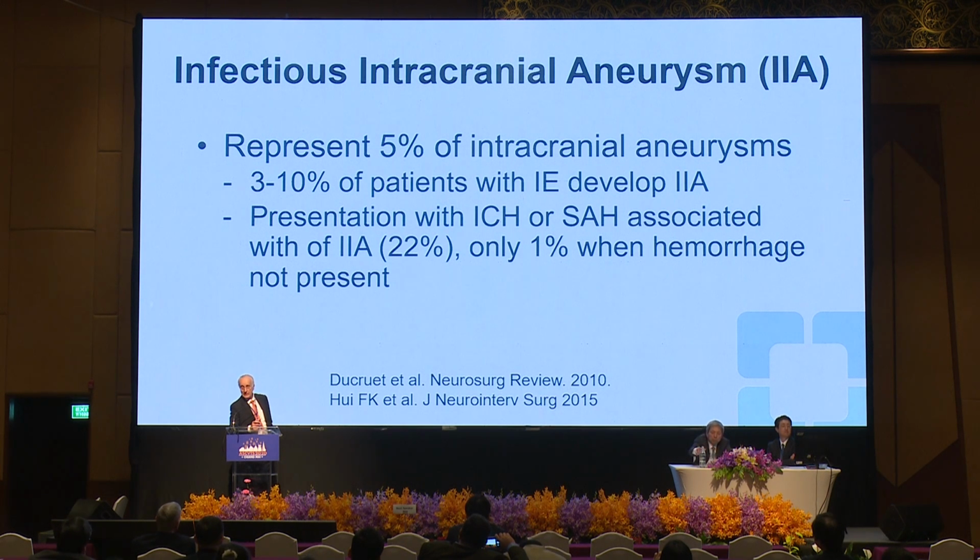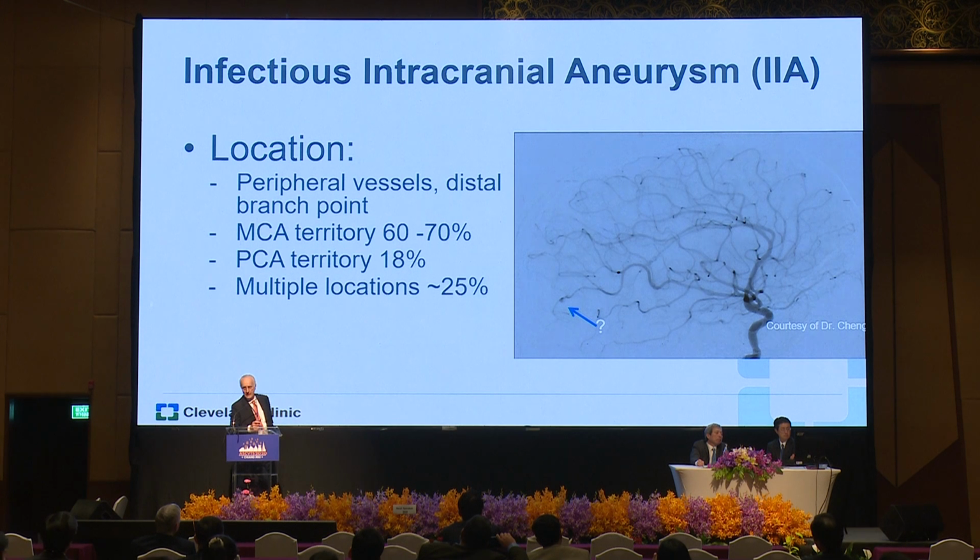Presentation with intracranial hemorrhage or subarachnoid hemorrhage is associated with a high risk of infectious aneurysm being present, and in others' and our experience, when you screen patients with angiography who do not have any bleeding in the brain, the yield of angiography is very low.